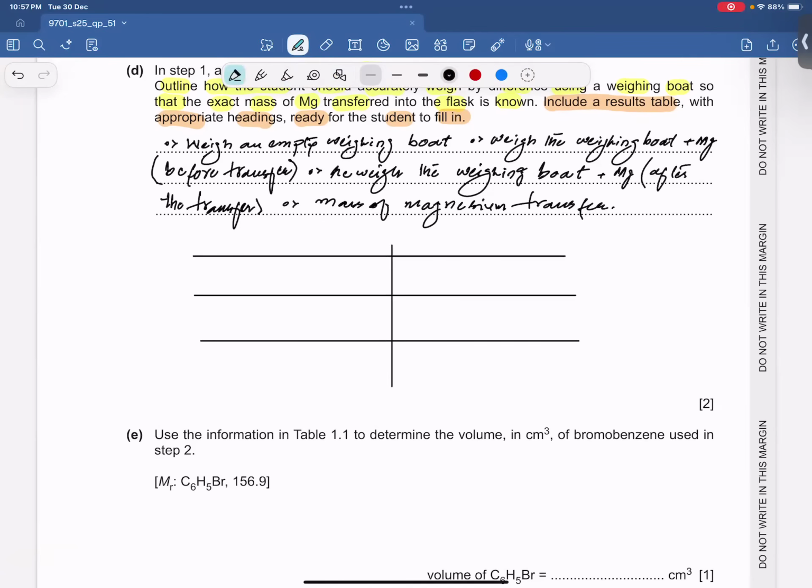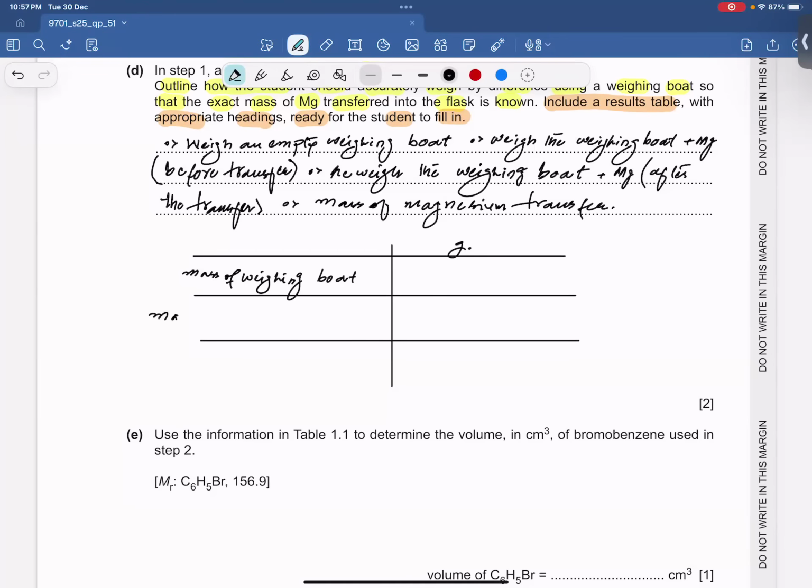So what we can write here: mass of weighing board in gram.